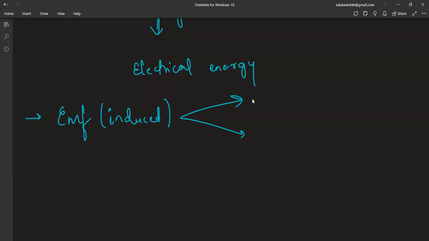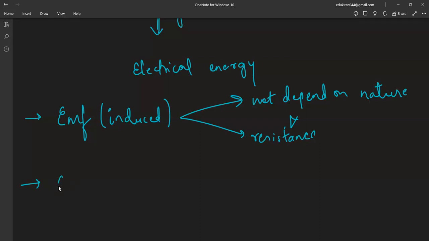Four options will be there. It will not depend on nature. Nature of the coil means the material it is made up of, and therefore the resistance. This is an important point which you should remember.